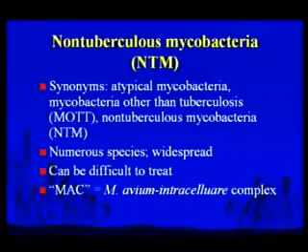And by law, you can't get the temperature of the water above 120 degrees, so that when you take a shower, you may be aerosolizing MAC into your lungs, which is an interesting thought, isn't it? Mycobacterium avium intracellulare was very common in AIDS patients when their CD4 counts get extremely low, which tells you that this organism is widespread.